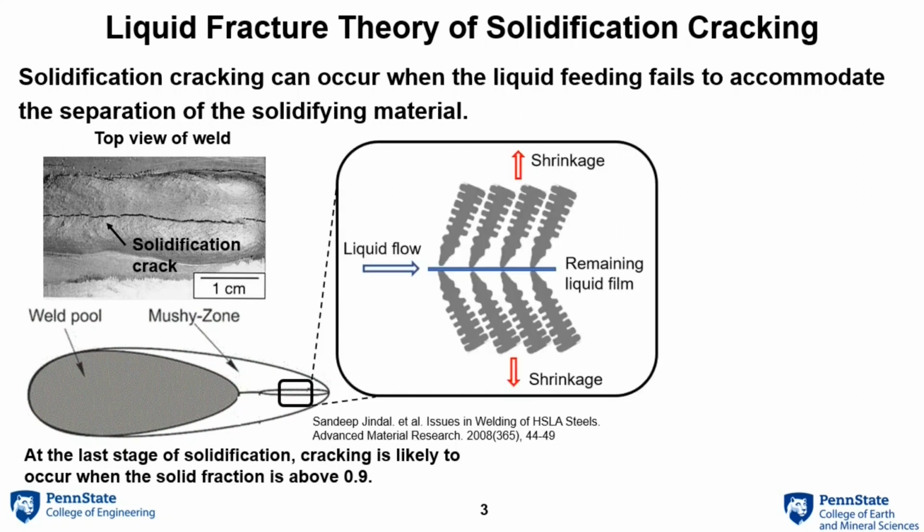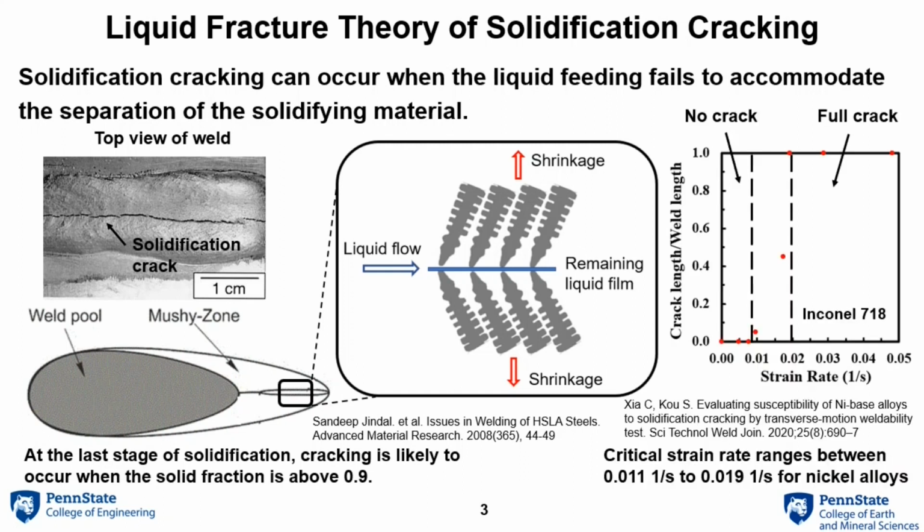There will be some separations between the solidifying materials induced by solidification shrinkage or thermal shrinkage, and some voids may form between these solidifying materials. At this time, if the remaining liquid is insufficient, or the liquid has a hard time flowing into those regions to accommodate the separation, solidification cracking will occur.